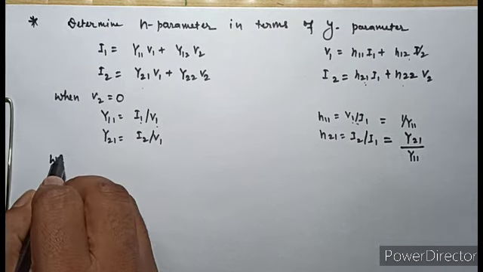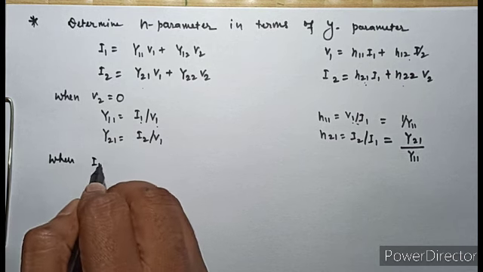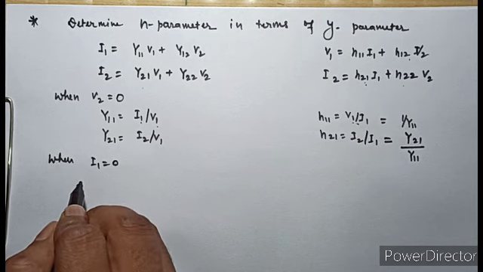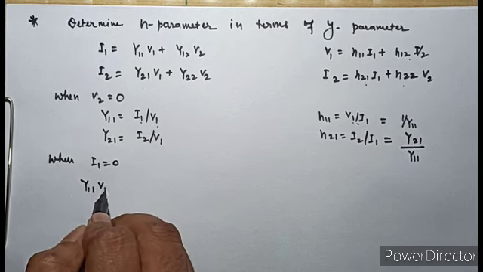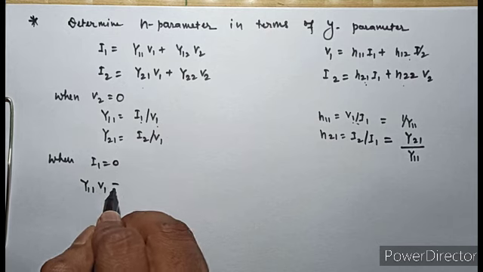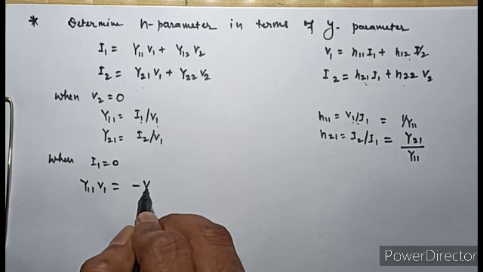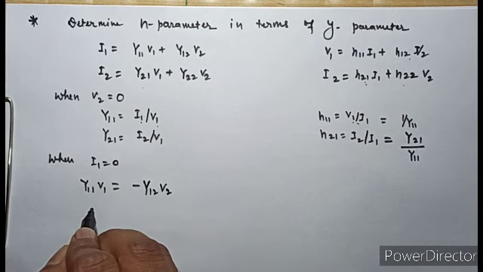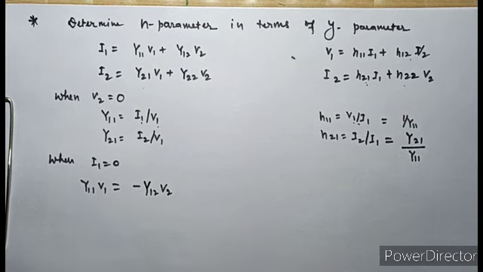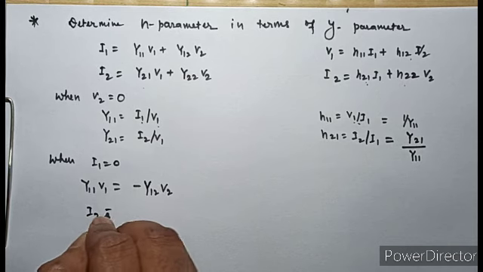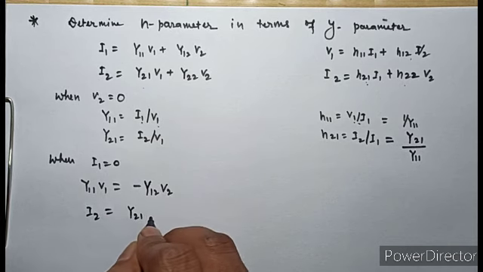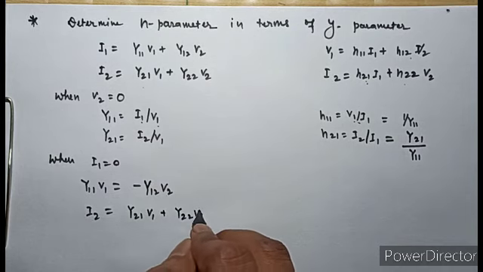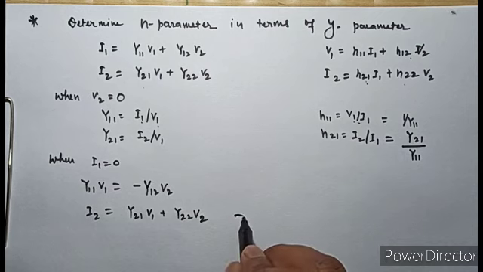Similarly, when I1 is 0, right, in that case our Y11 V1 will be minus Y12 V2, and I2 is equal to Y21 V1 plus Y22 V2, right?